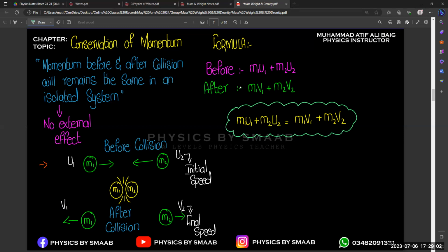Our main concern is the velocity, because every object has some mass, so mass will never be zero, but velocity can be zero. So our main concern is only the direction and the velocity, because mass remains the same in every situation, right? Okay, thank you. Any other confusion?